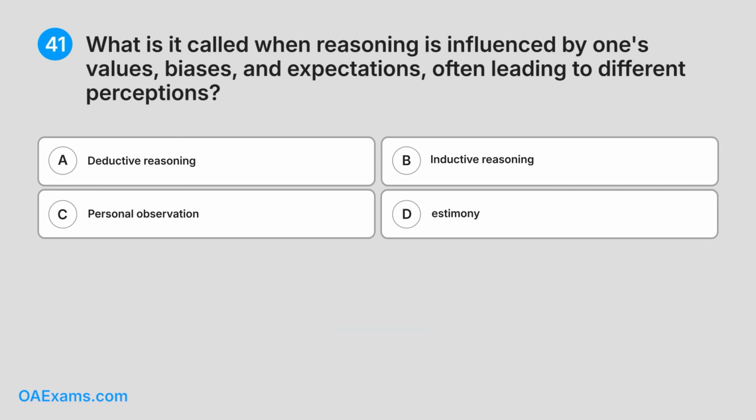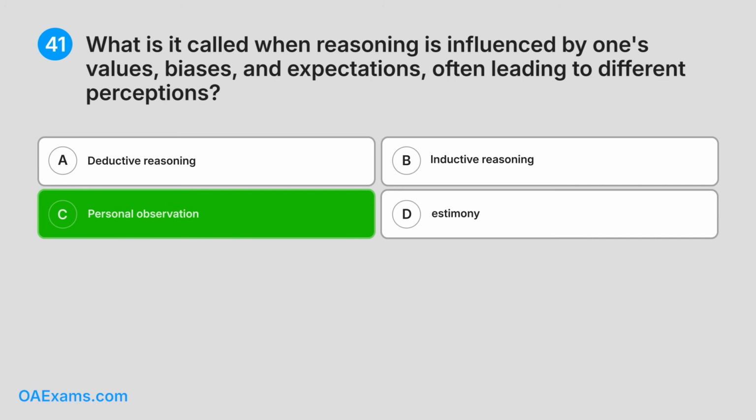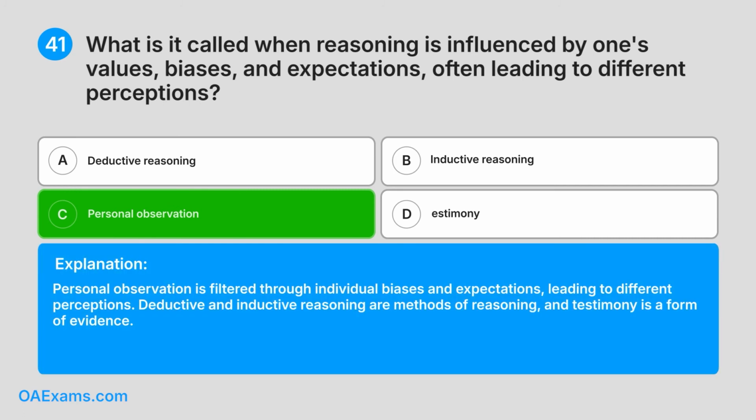Correct answer. C. Personal observation. Explanation. Personal observation is filtered through individual biases and expectations, leading to different perceptions. Deductive and inductive reasoning are methods of reasoning, and testimony is a form of evidence.